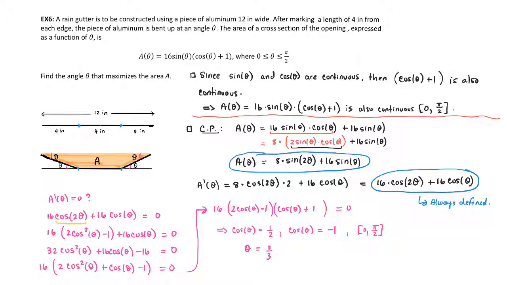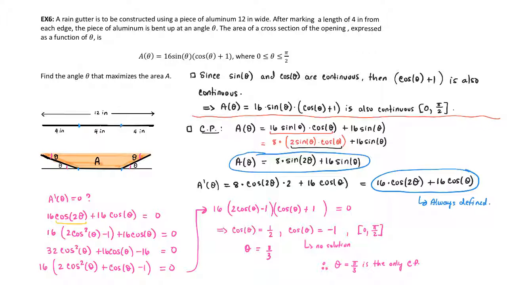Whereas the other equation, cosine theta equals -1, is not going to have a solution because we are in the closed interval from 0 to pi over 2, and in this interval, cosine theta never equals -1. So in this case, we have no solution at all. That implies theta equals pi over 3 is the only critical point.